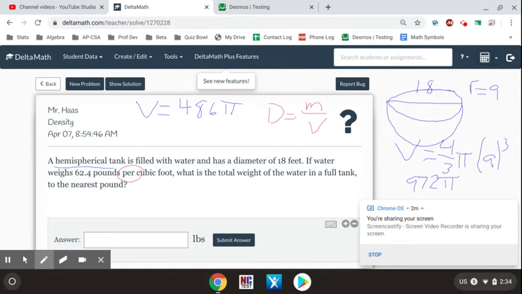So in this case, I know the density is 62.4. It wants us to find the mass, but I do know that my volume is 486 pi. So to figure out what my mass is, I'm going to need to multiply by 486 pi.